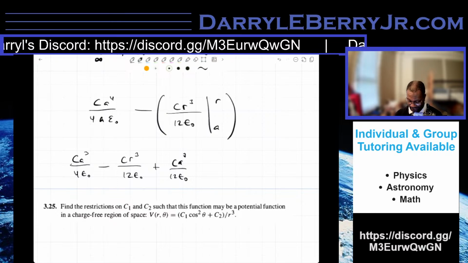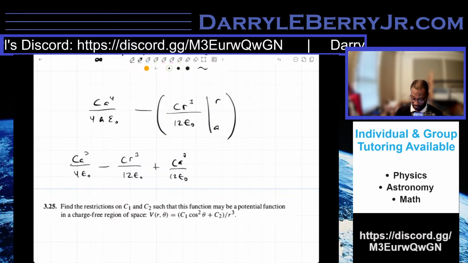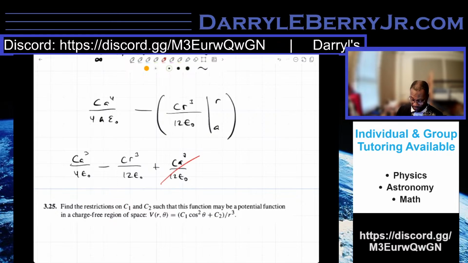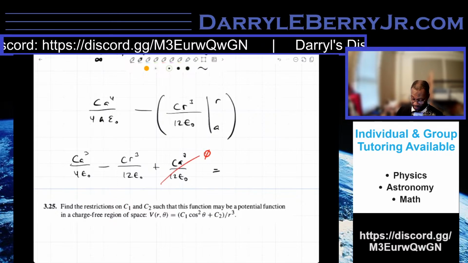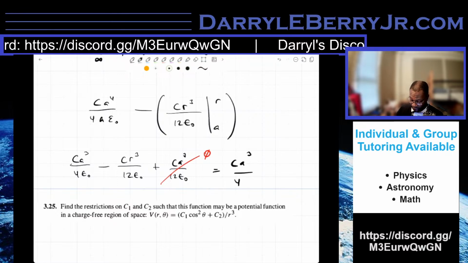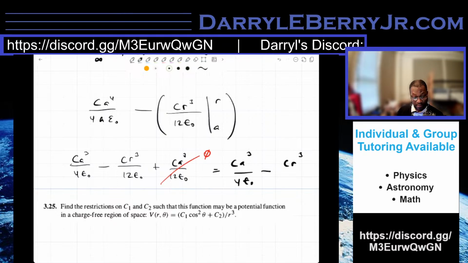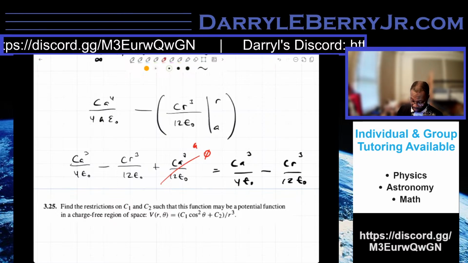Let's see. At A the potential is 0. So at the surface, there's a discontinuity. So it ends up being C A cubed over epsilon naught minus C R cubed over 12 at the boundary.